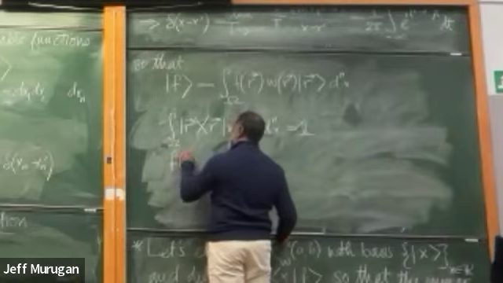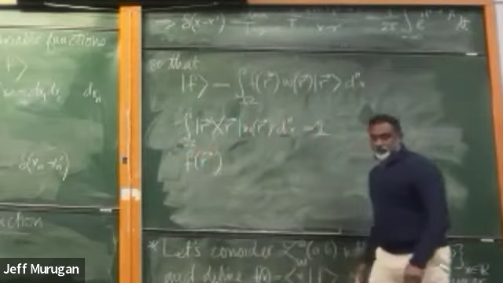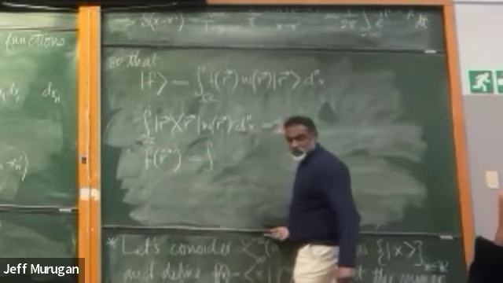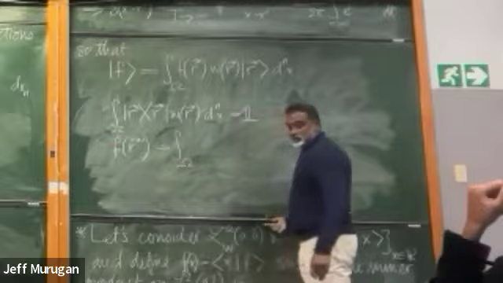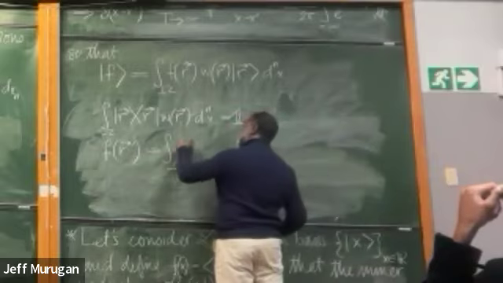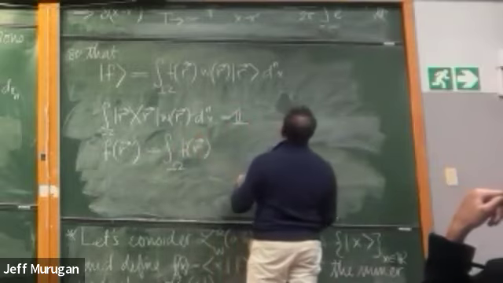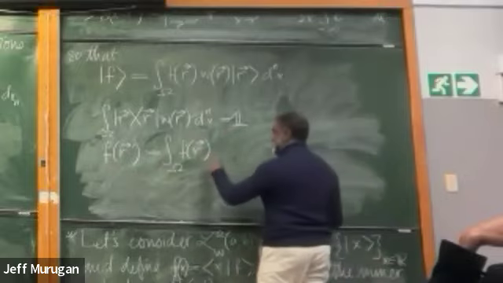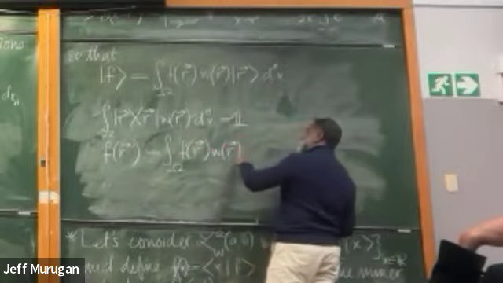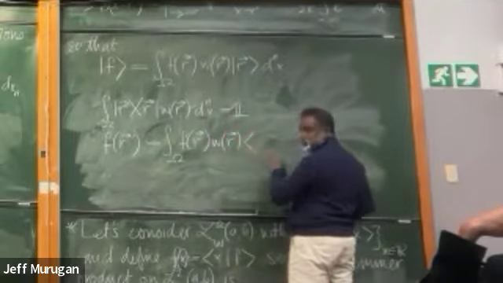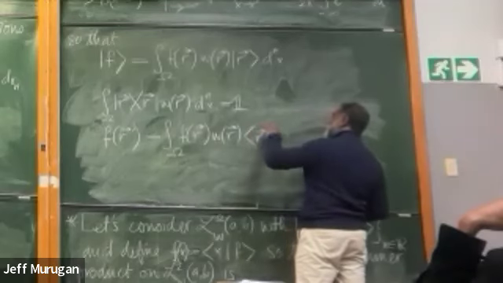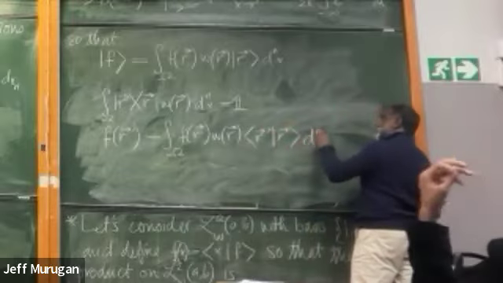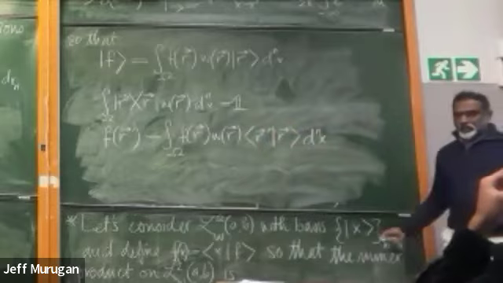The sampling relation is that f of r prime is basically just the integral over omega of f of r, w of r, r prime inner product r, integrated over omega.